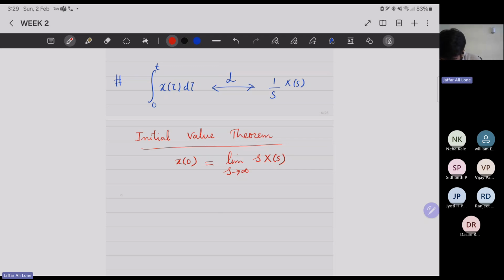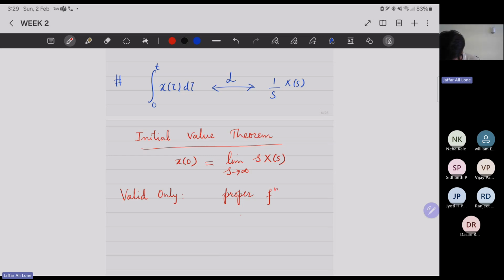But this theorem is valid only if the function that we have is proper. What does proper function mean?